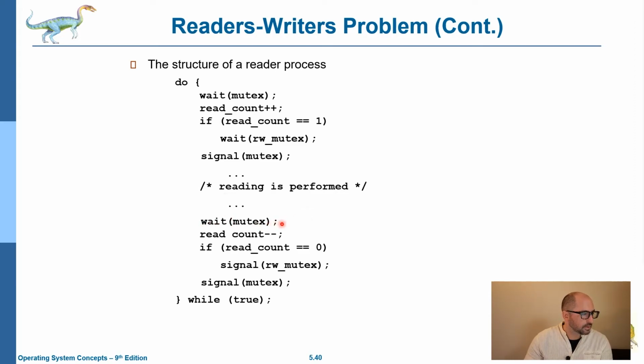Afterwards, since it needs to access the read count again, it waits on the mutex and decrements the count. And if it is the last reader, then it will signal the read-write mutex to allow the writer to go.